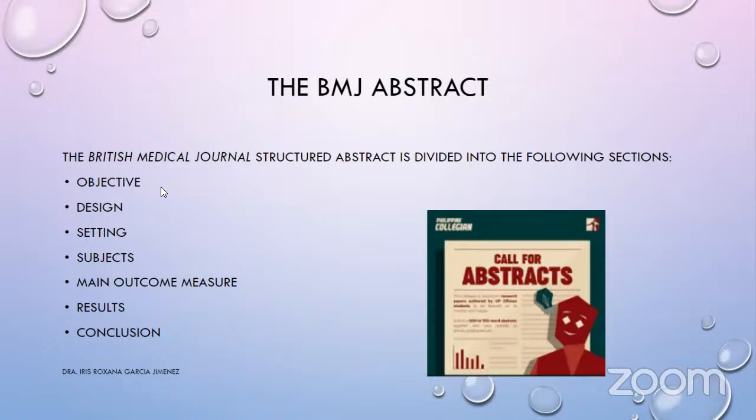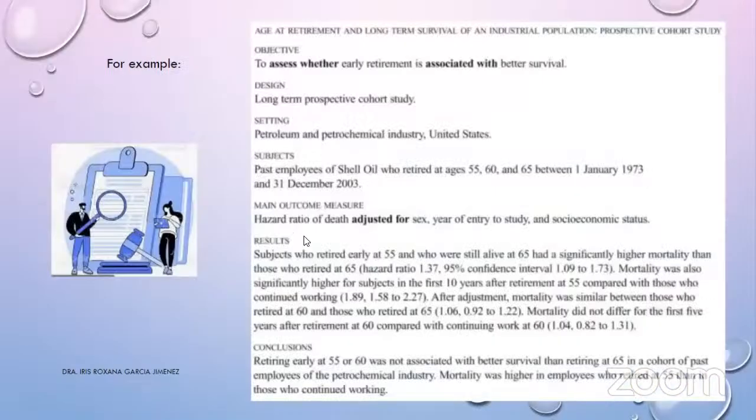You have to show the objective in one sentence, the design, I mean, if it's prospective, if it's a cohort study, what kind of study it is, the setting, the place, of course, the subjects, I mean, the universe of patients you are studying, the main outcome measure, all the details you found during the study, the results, I mean, all the statistics in one or two or three sentences, just the most important facts, and one or two sentences for a conclusion.